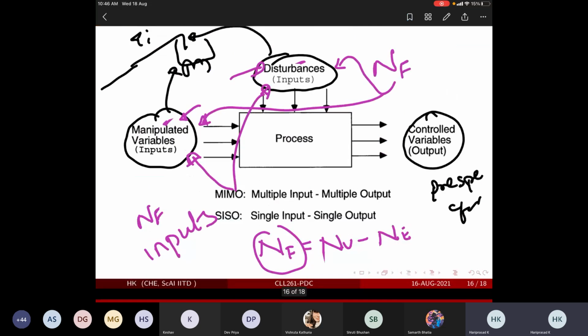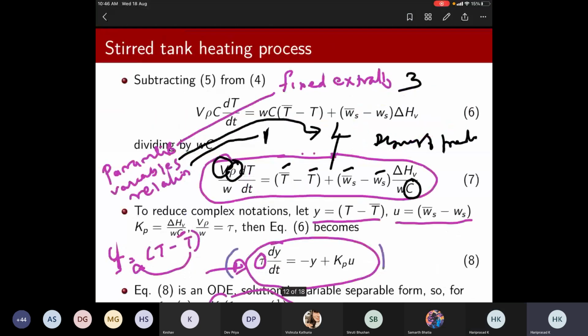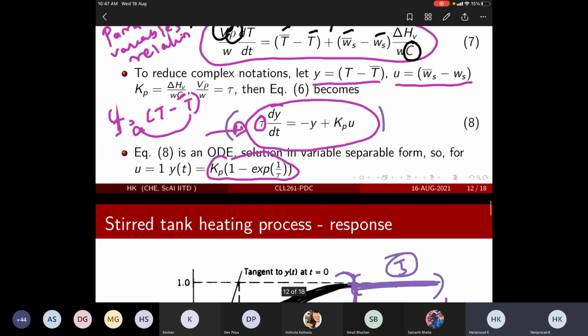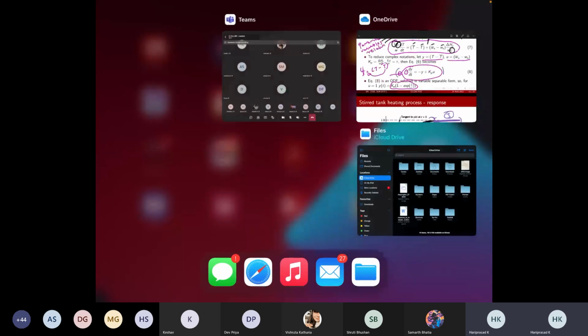So our ODE was seemingly simple, but you see that your solution has become nicely non-linear. An exponential term comes in. So even if you are working in the linear ODE domain, the solution can be non-linear. That is something I wanted to tell you.